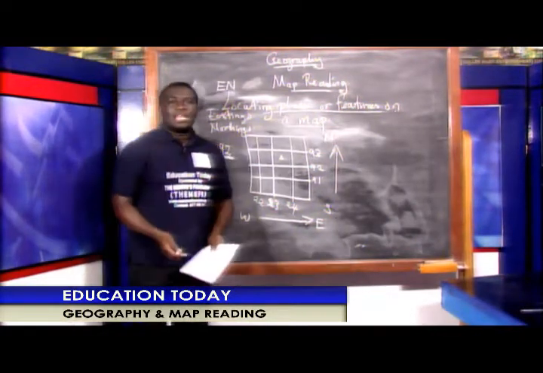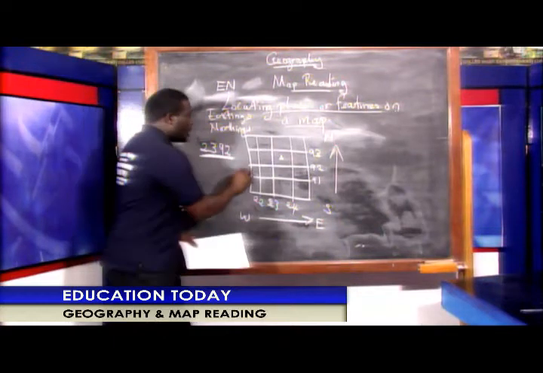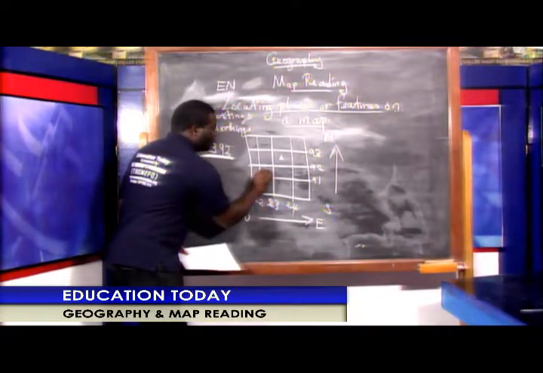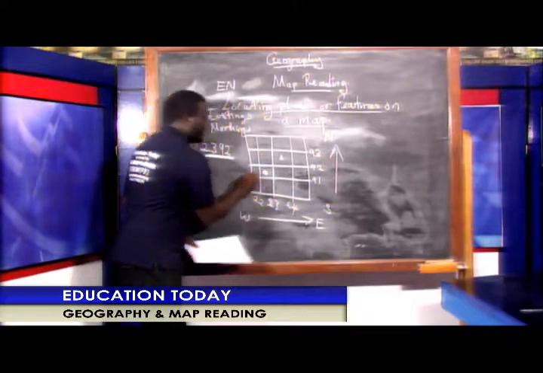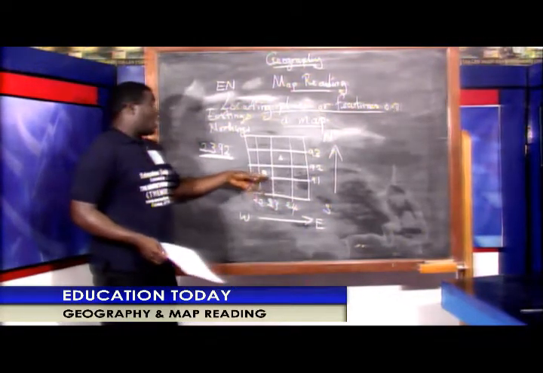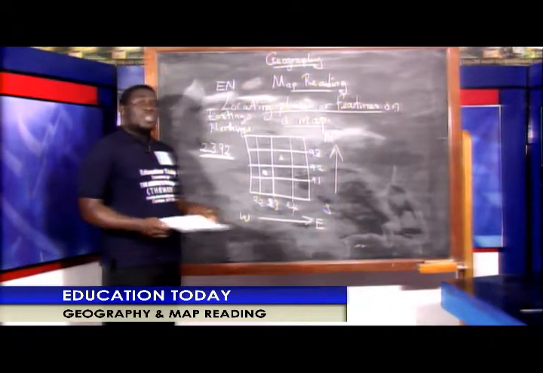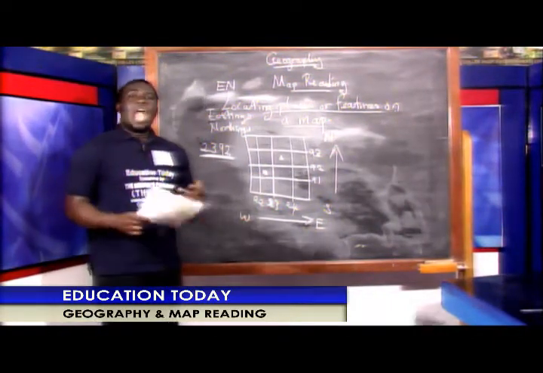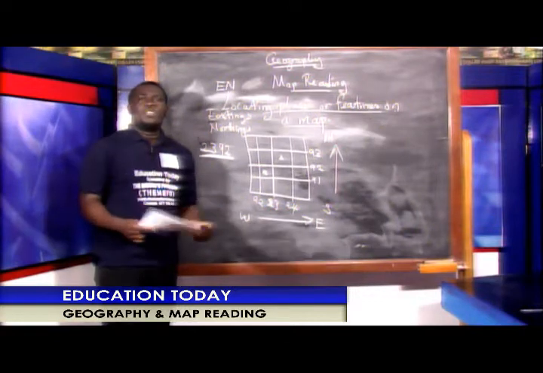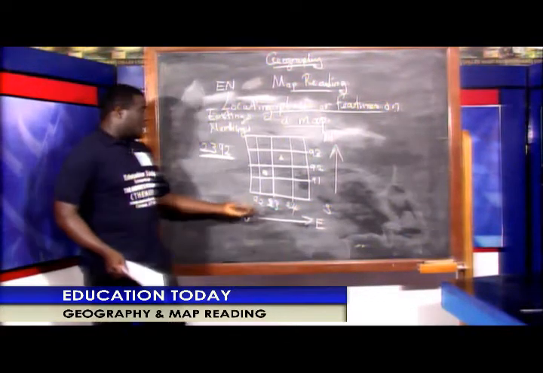I'll take another example again. Please look up. We have this other feature. Let's say caravan site. This is our caravan site. Or a quarry. Let's say a quarry. If we are using this to be our quarry, we want to give the 4-figure grid reference of a quarry. How then do we give the 4-figure grid reference of a quarry? The same principle applies.